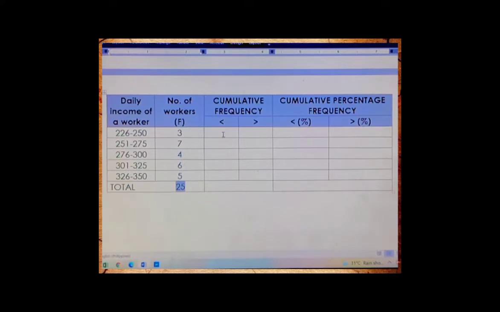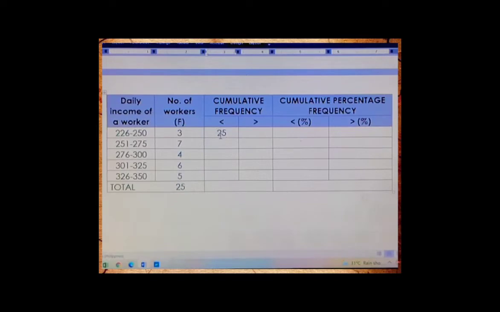So first we're going to find the cumulative frequency lesser than. We write 25 because this is the total number of workers. We write the 25 in the first row of cumulative frequency lesser than, because for cumulative frequency lesser than we start at the top row.